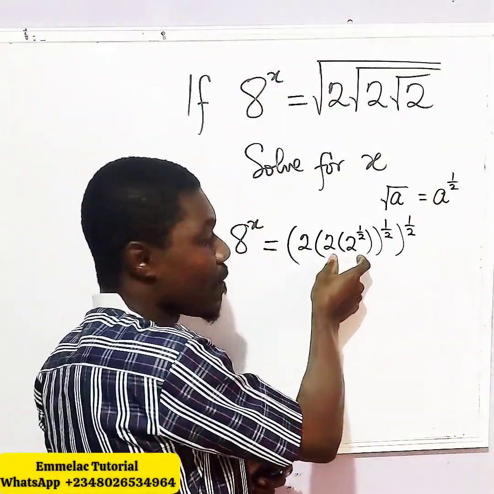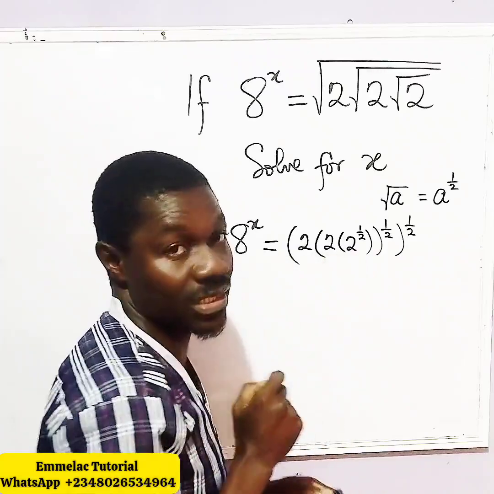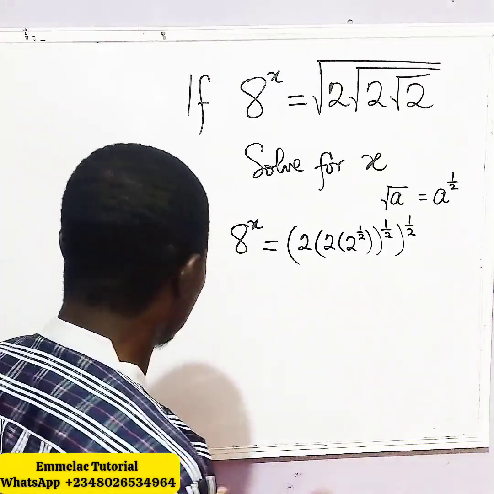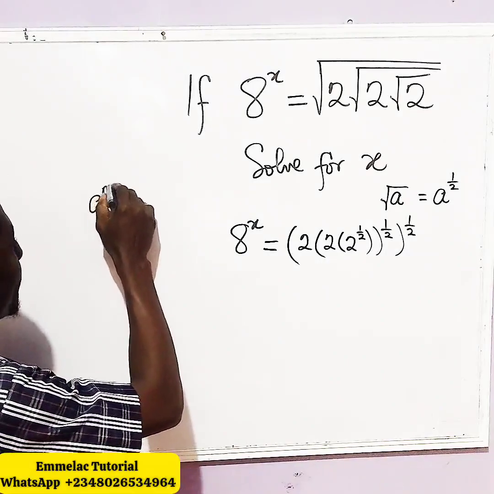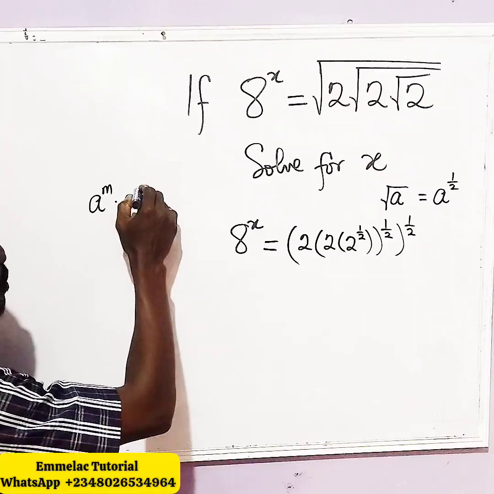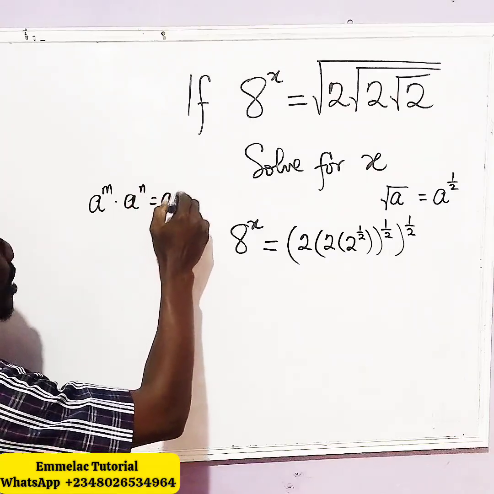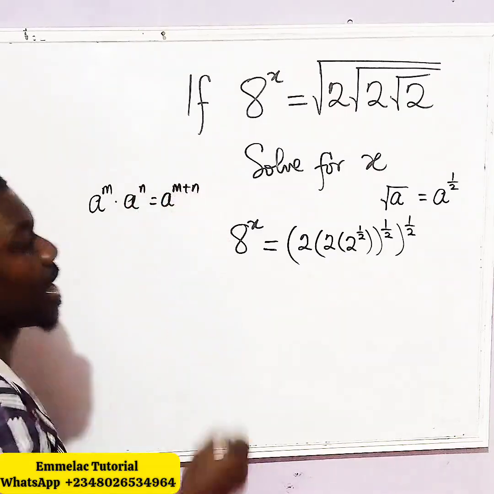So now the next thing, let us start from the inner parenthesis here. According to the law of indices, when you have a raised to m times a raised to n, this gives us a raised to m plus n.